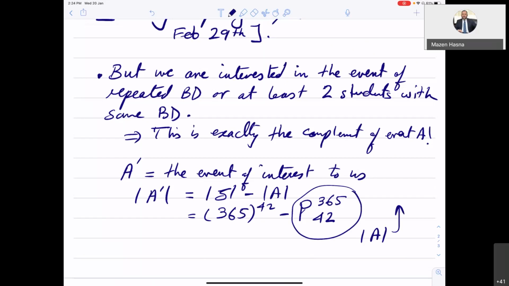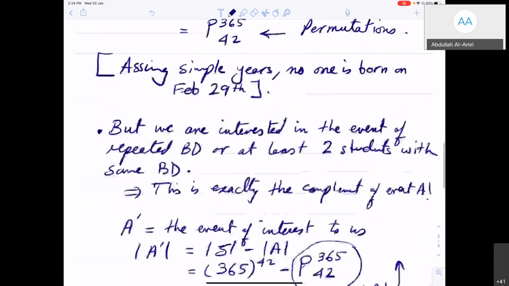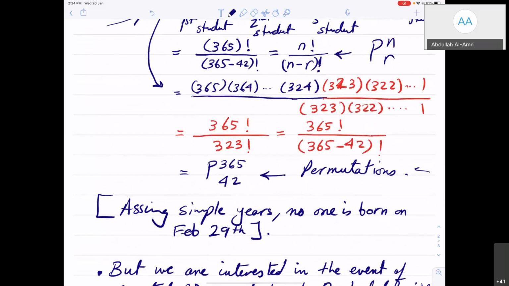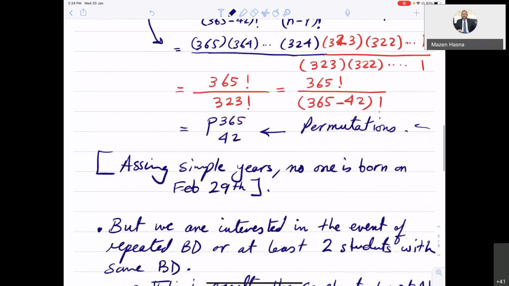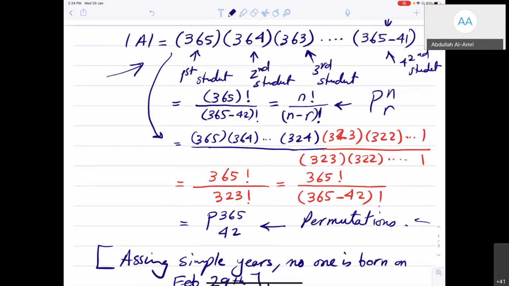Doctor, question? In the first one, we found the possibility if we're going to have 42 students, all of them have the same birthday. The previous one, this P365 over 42, the 365 to the power 42.